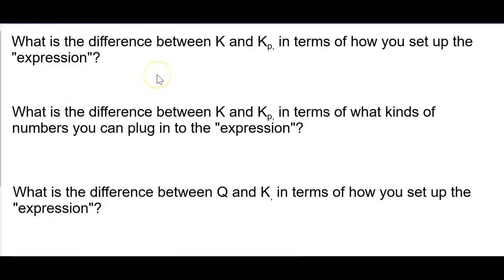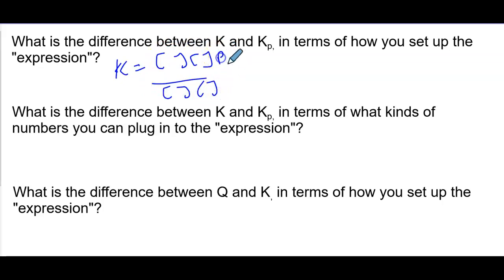A couple things we need to think about: what is the difference between K and Kp in terms of how you set up the expression? Nothing. The difference between K and Kp in the expression is just how you set it up. Remember that K would have square brackets over square brackets.